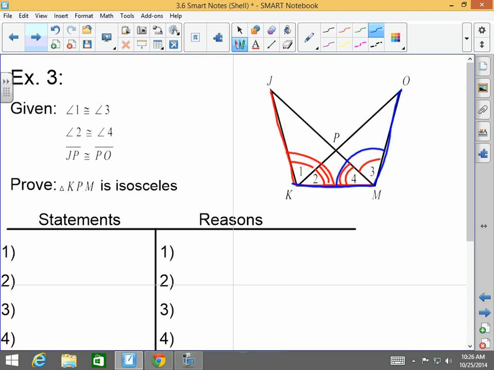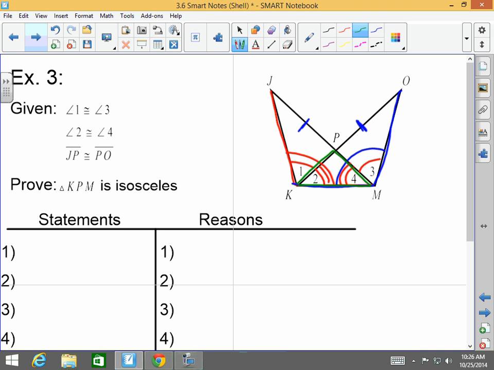And then they tell us that JP is congruent to PO. And I want to prove that triangle KPM here is isosceles.